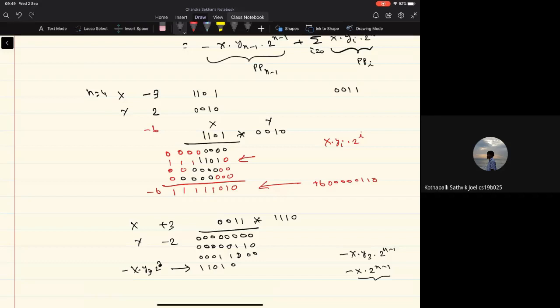So whenever this final partial product value is going to be non-zero, then we have to generate the negative of that, x yn minus 1 to the power n minus 1. Now we need to add this. I can quickly close this. There's something wrong here.